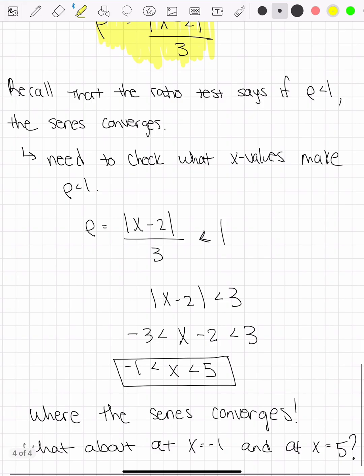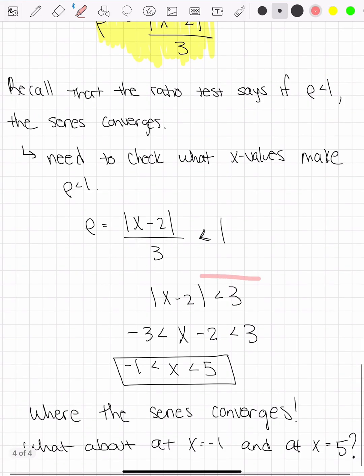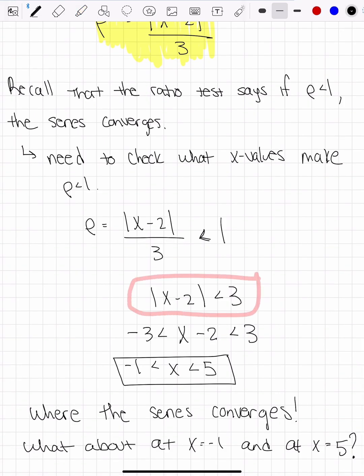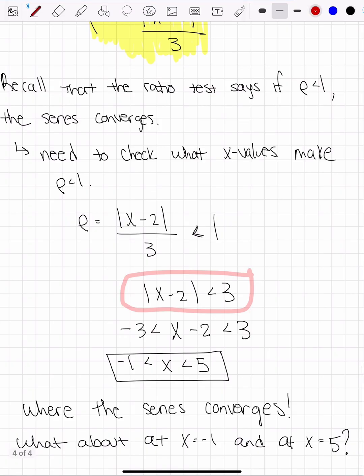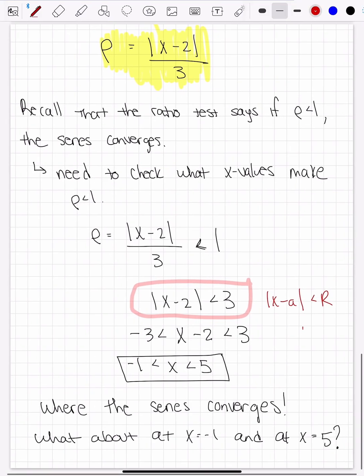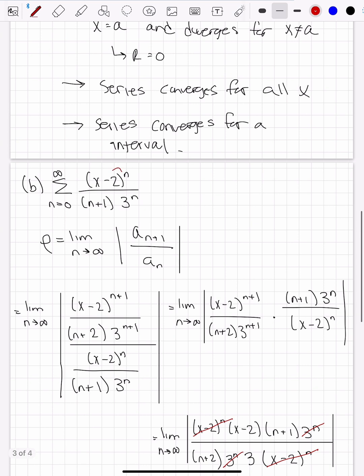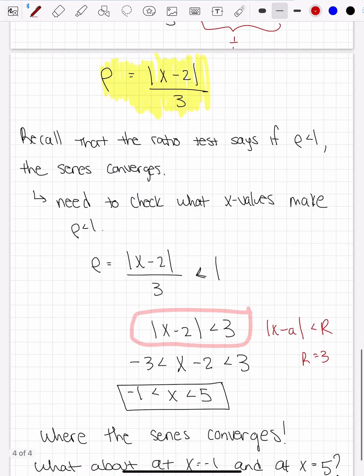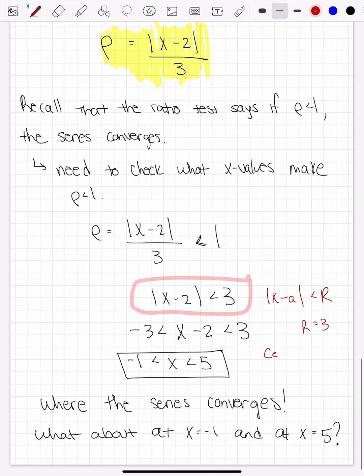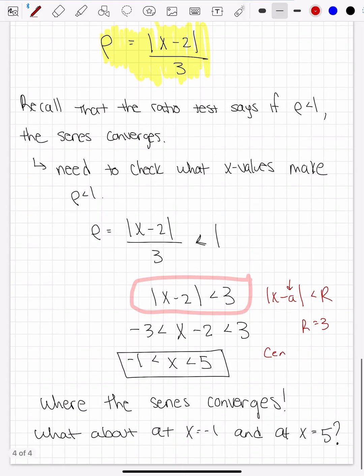So in our example here, this is our absolute value of x minus a less than R. So we already know the radius of convergence, R, is 3 in this case, and we knew just from looking at this, remember the center is what's being subtracted from your x, so our center is x equals 2, which makes sense because that is what a is.